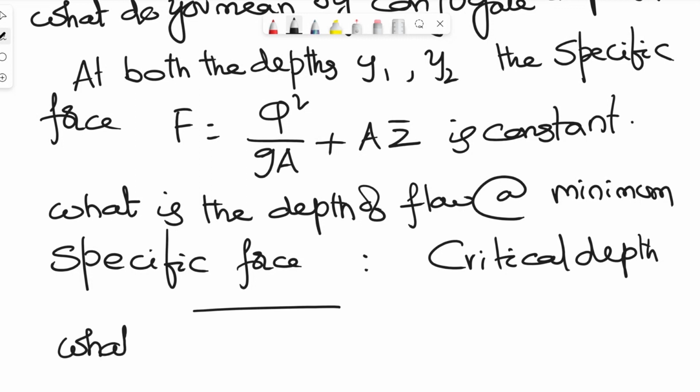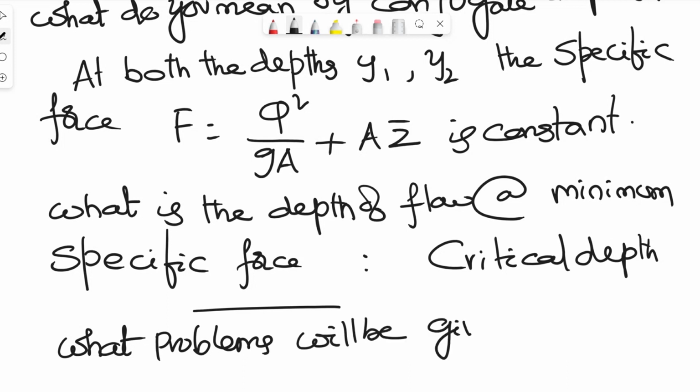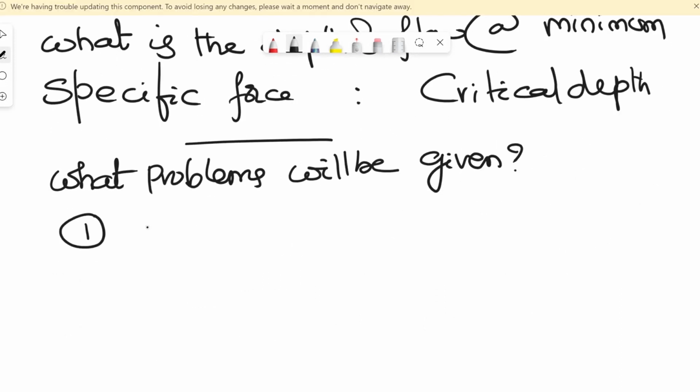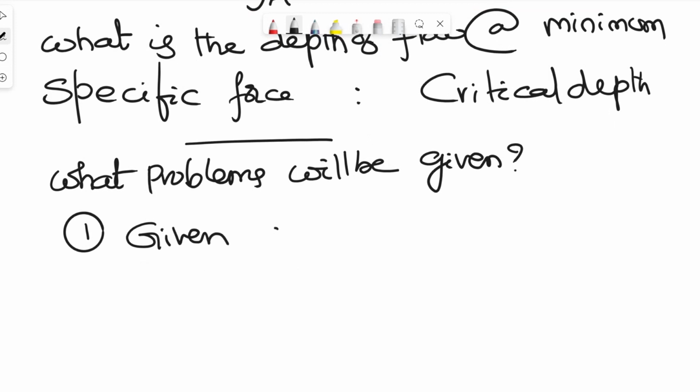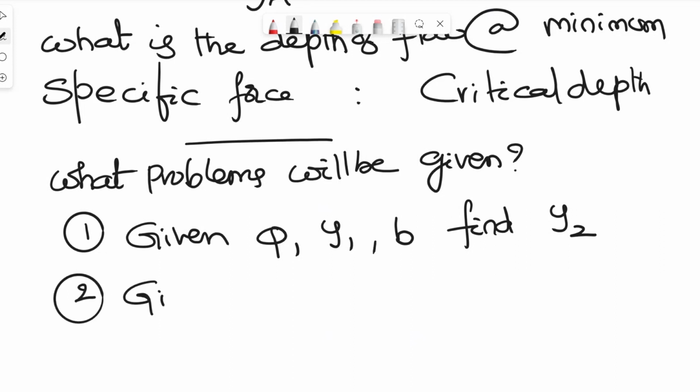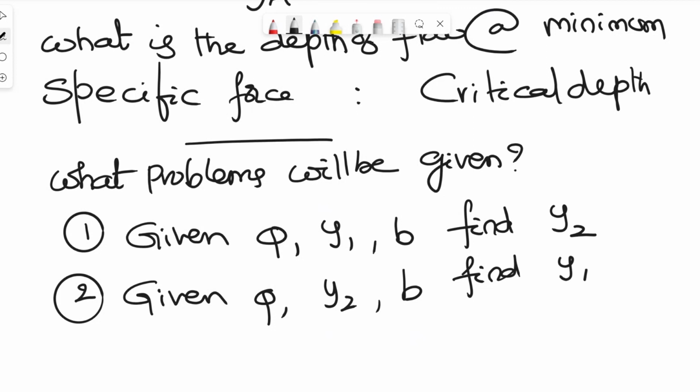What problems will be given? Number one, given Q, Y1, B, find Y2. This is one. Given Q, Y2, B, find Y1.